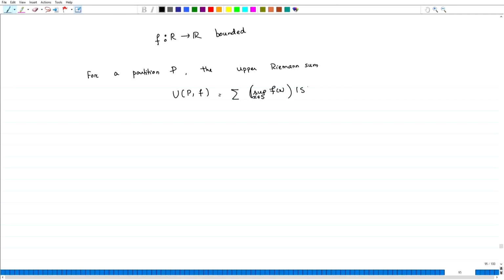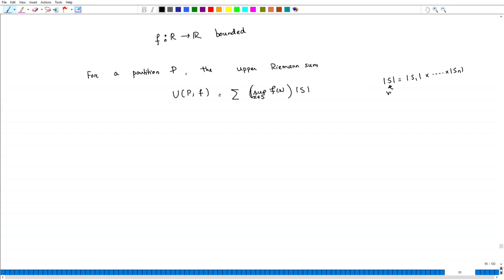The most natural thing is to replace the length. Here we have a rectangle in n dimensions. If we are in 2 dimensions, the length is going to be replaced by area, and in higher dimensions by the volume, where the volume of S is equal to S_1 cross multiplied by S_n.